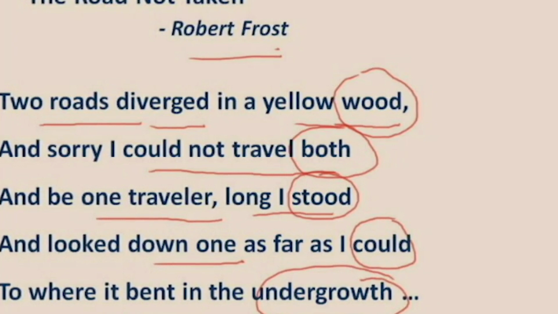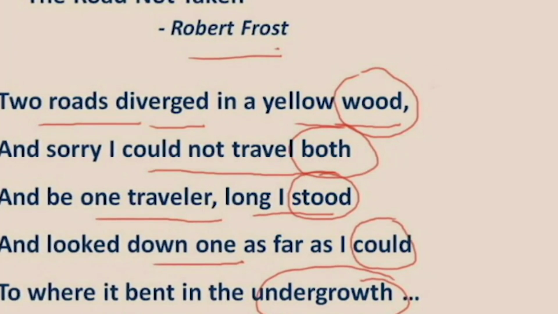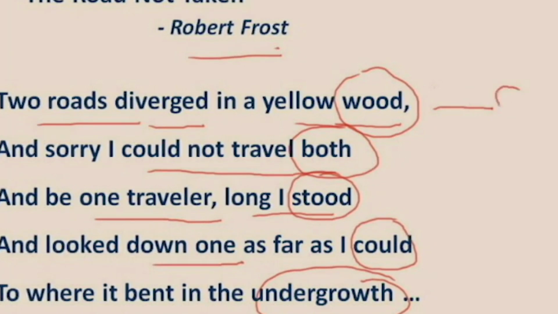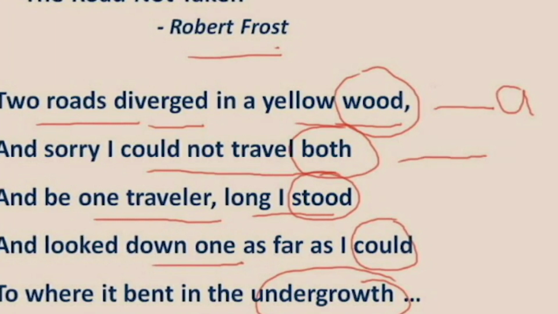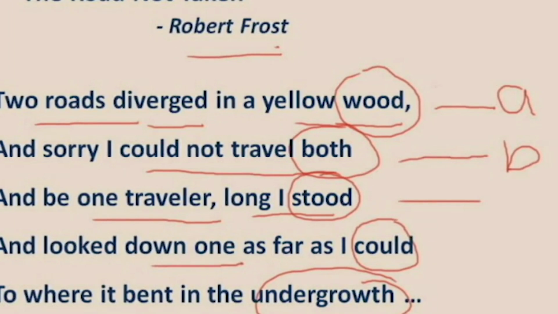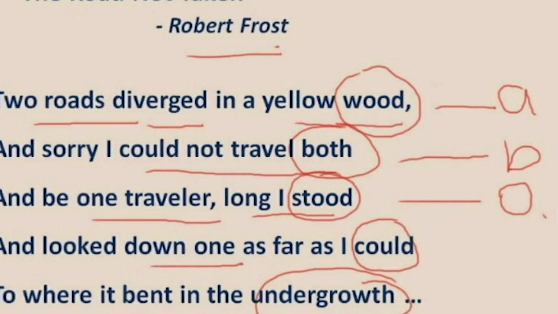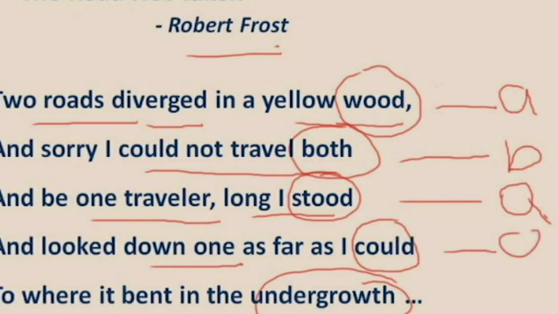Now let us talk about the rhyming pattern. When we talk about rhyming pattern, let us first see wood. Let us give it a. The next word is both. This does not rhyme with the word wood, so let us give it b. The third one is stood. Stood rhymes with the word wood, so let us write a. Then could also rhymes with wood, so we write a.